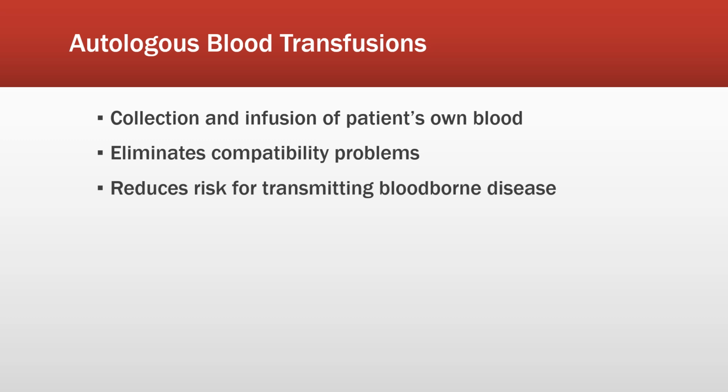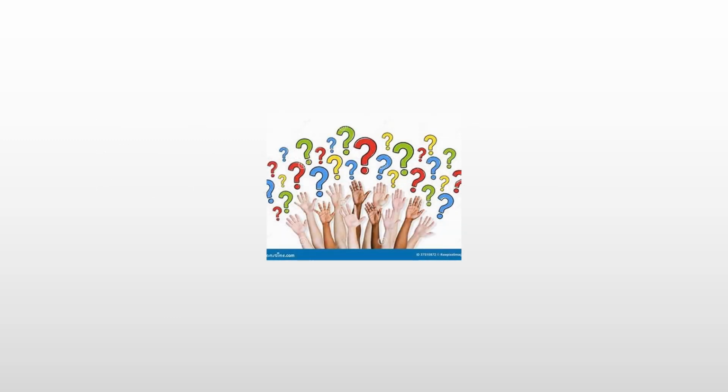But again, many patients will go to the blood bank and donate their own blood. It reduces the risk of transmitting bloodborne diseases or eliminates compatibility issues. So again, autologous blood transfusion is transfusing the patient's own blood. Let me know if you have any questions.